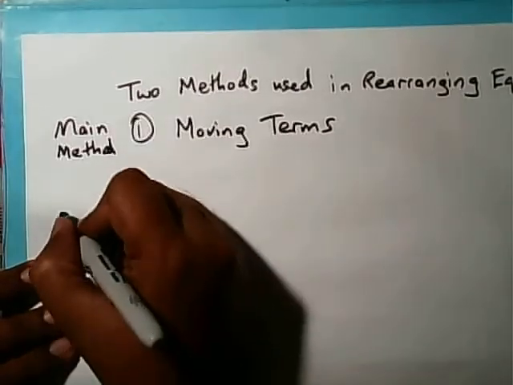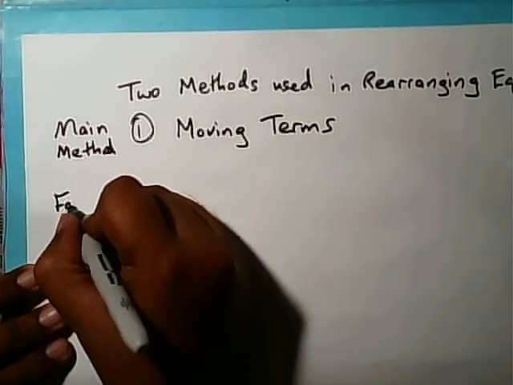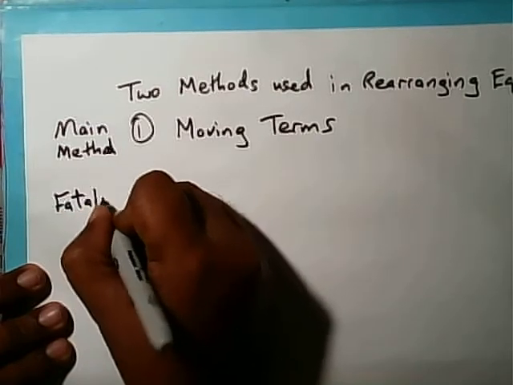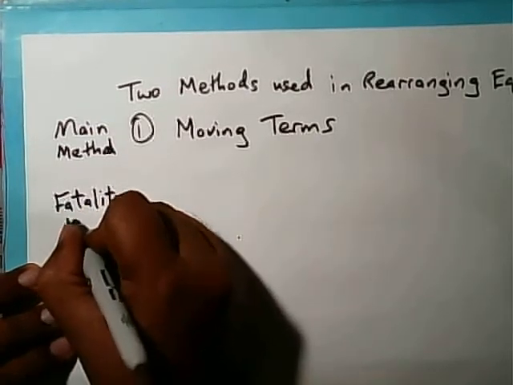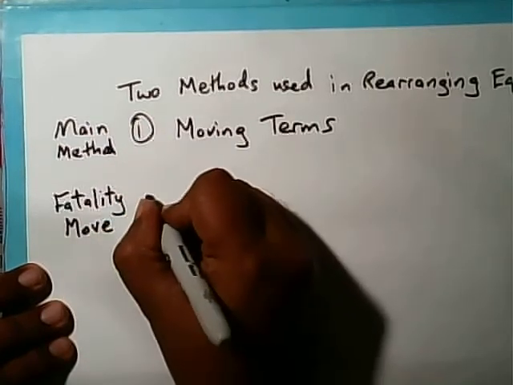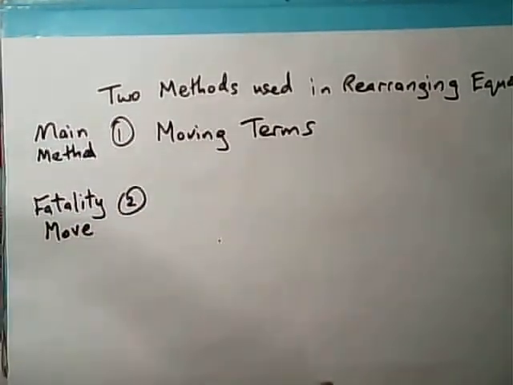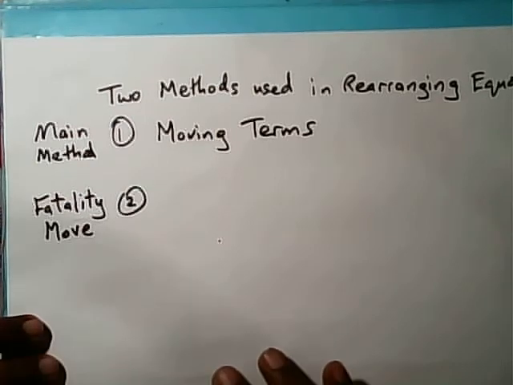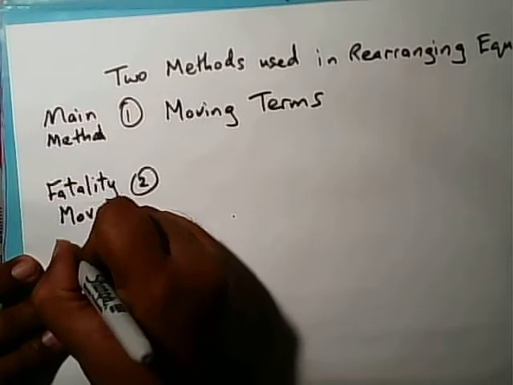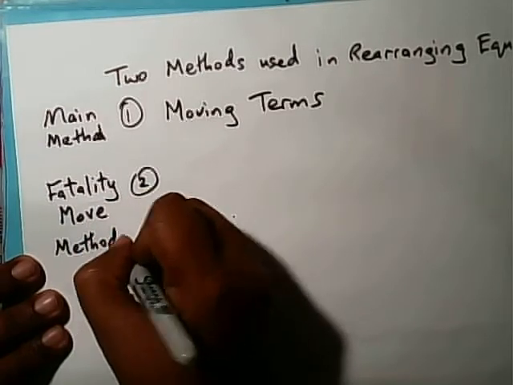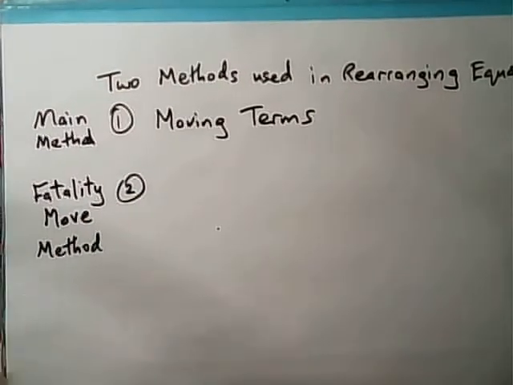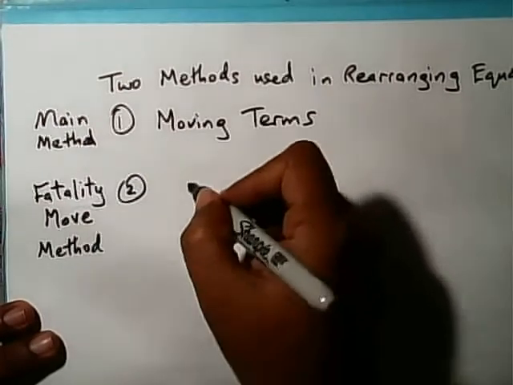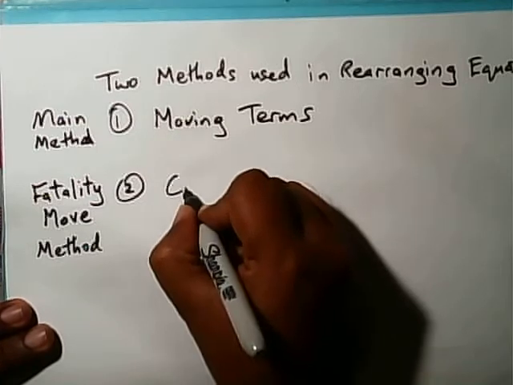But then there's a fatality move, your second choice, your last method. It's like when you've played Mortal Kombat and you've beaten up the person, and you're doing the last, most brutal move to kill them. That last move we call cross multiplying.